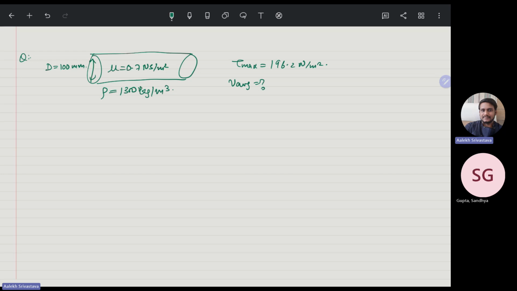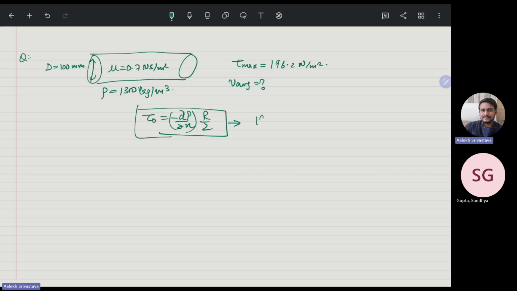So first of all, the shear stress on the wall, if you know the relation, it is minus dp by dx into r by 2. So this is the equation that we will use to obtain the dp by dx. Because the flow is happening because of pressure gradient, we can now know what is the pressure gradient.